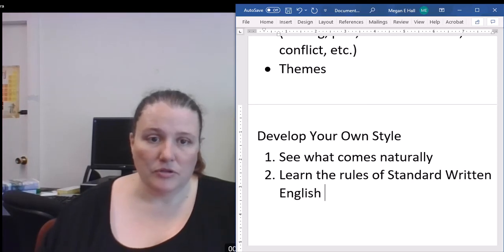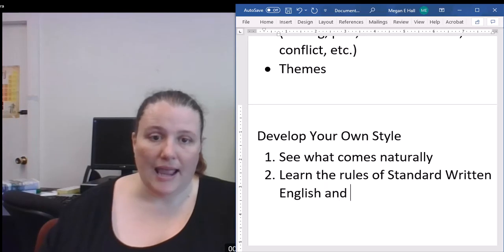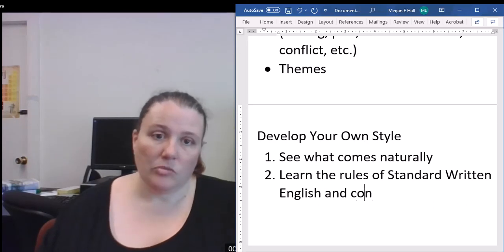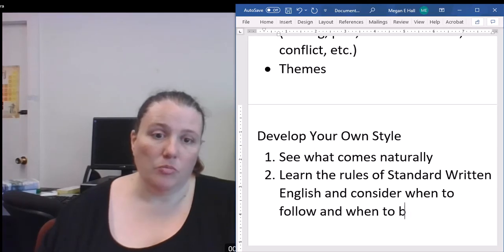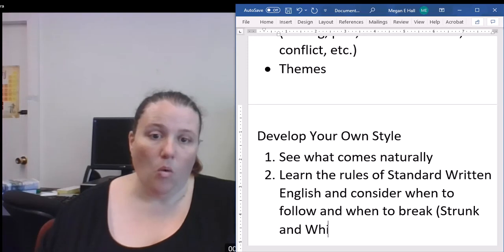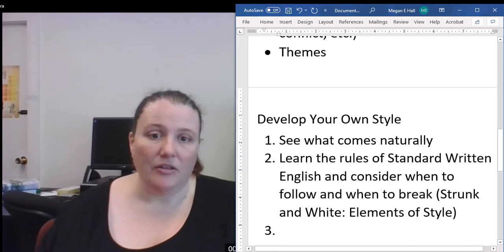Then, number two, learn the rules of standard written English. I don't love using that term, but learn those rules and consider when to follow and when to break. Now, a great book on this is one by Strunk and White called The Elements of Style. It's not about style in the way that we're talking about.